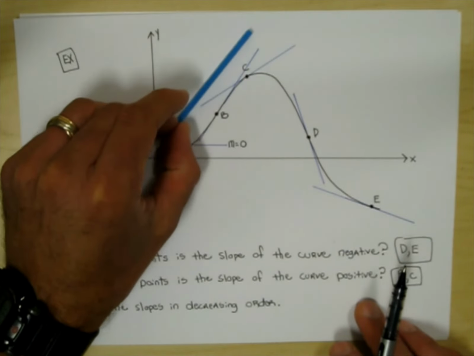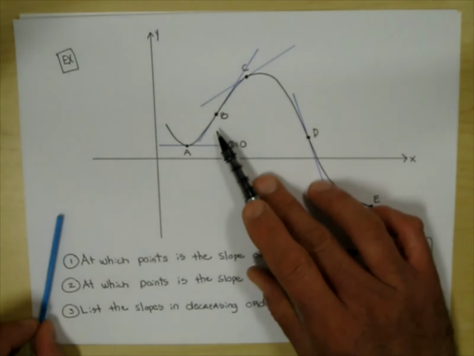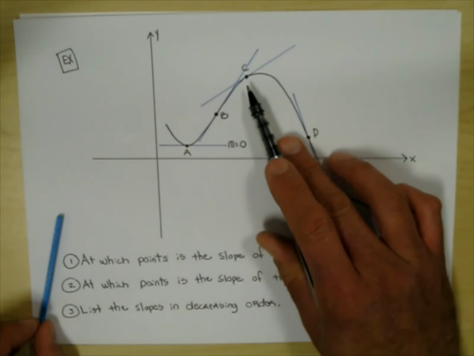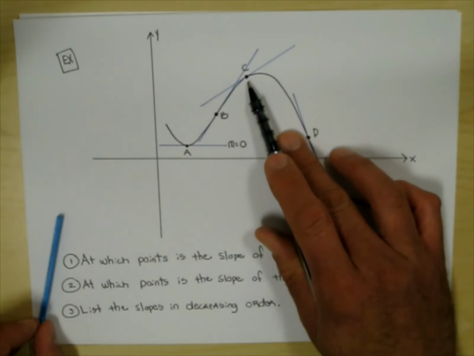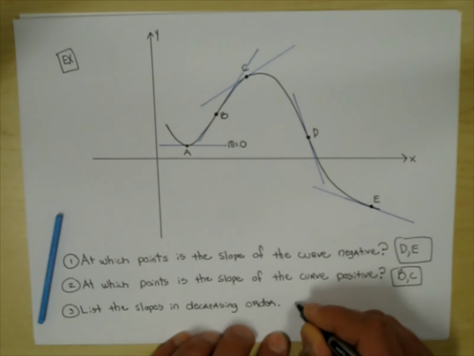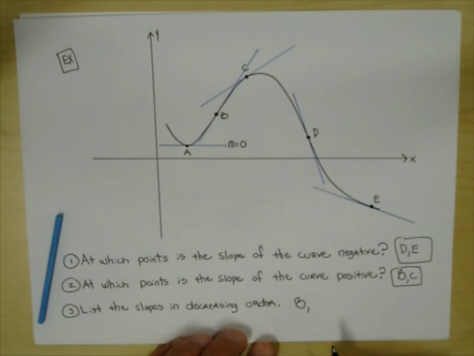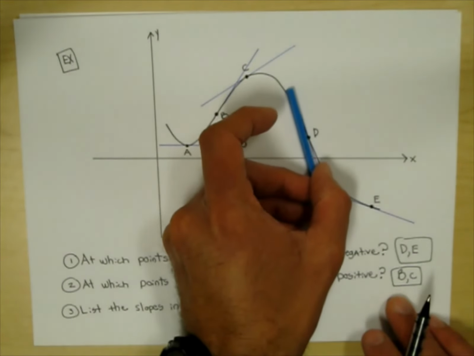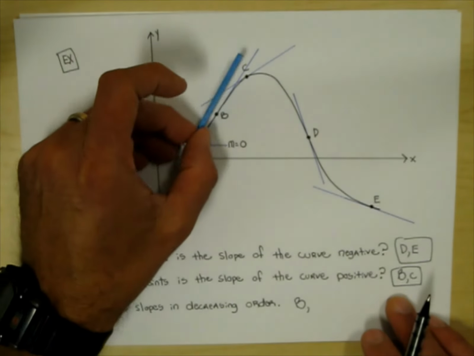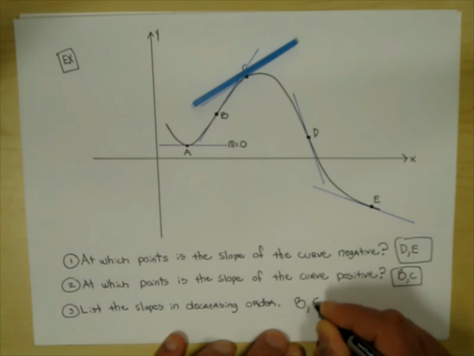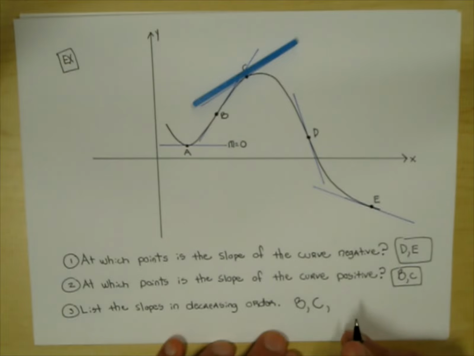So the slope at B and the slope at C. Which one is steeper? The slope at B or the slope at C? Well, the slope at B is steeper, so that's going to be the largest number slope. I'm not saying it's the steepest slope. It almost looks like D is steeper, but that's going to be a negative number. So B is pretty steep, and then C is less steep. Those are your 2 positive slopes.